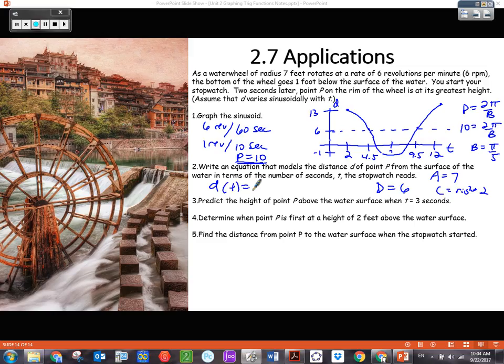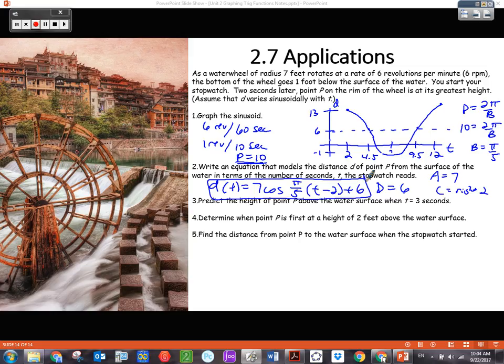So D of t equals, we know it would be our A, which is 7, and then cosine of pi over 5, which is our B, times t minus 2, plus 6. Okay, so I have our equation now.